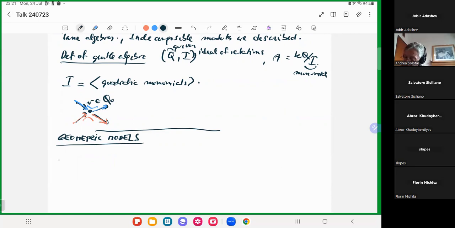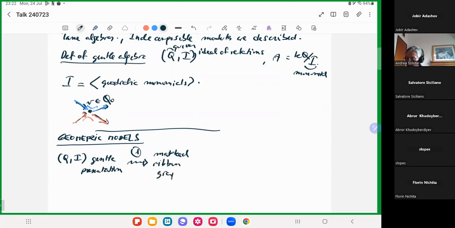So suppose we start with a presentation of our algebra A, that means, again, a quiver and the ideal of relations, and suppose that it is a gentle presentation, satisfying what I have just mentioned. So from this, I'm going to associate to it, let me call this procedure one, something that is called a marked ribbon graph. I will explain it in a moment with an example.